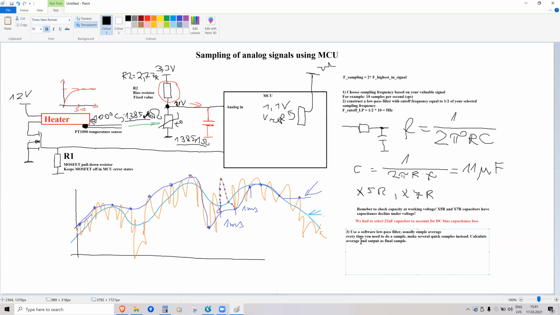So you would, for example, have a timer in the microcontroller which calls an interrupt every 100 milliseconds. And inside that interrupt, instead of doing one sample, you write a small loop where you make 10 samples. In an analog to digital converter, each sample takes only about 10 microseconds.